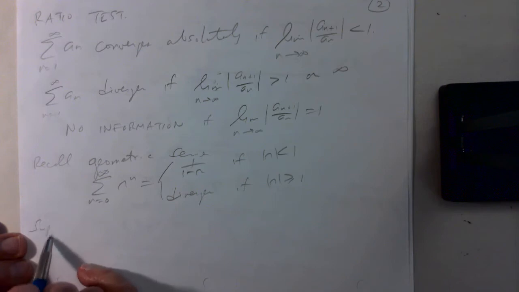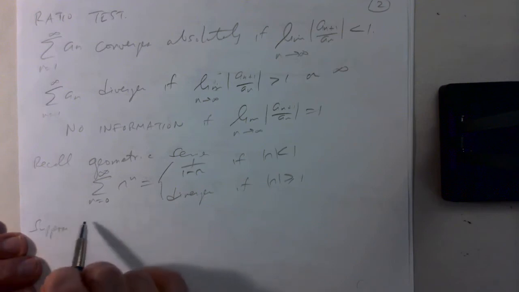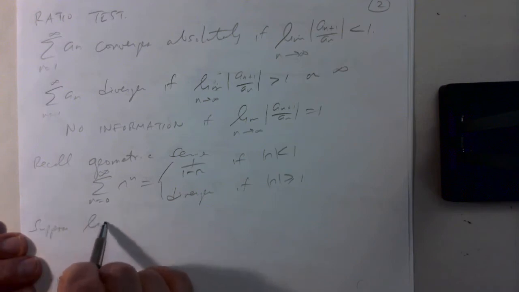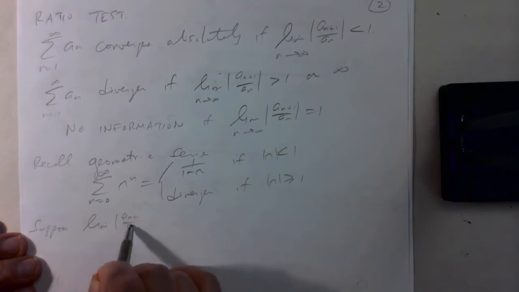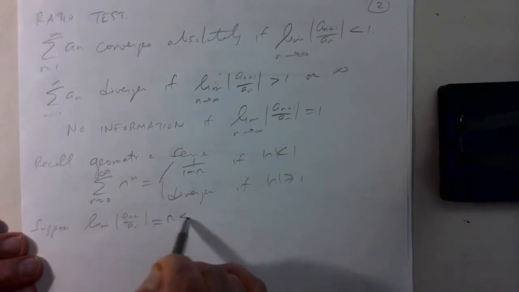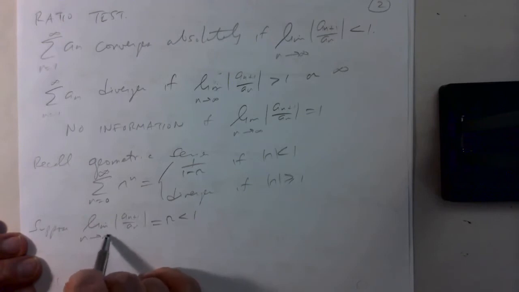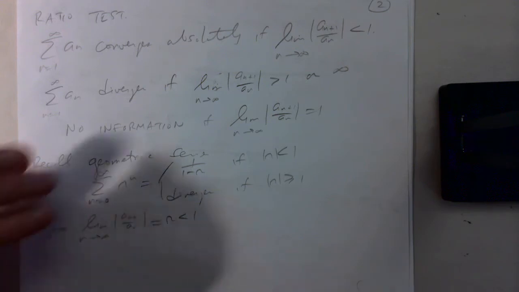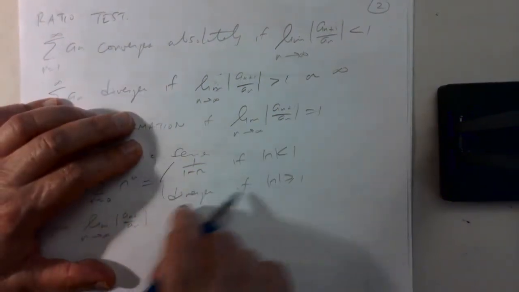So let's suppose that the limit of the absolute value of an plus 1 over an is some number less than 1 as n goes to infinity.